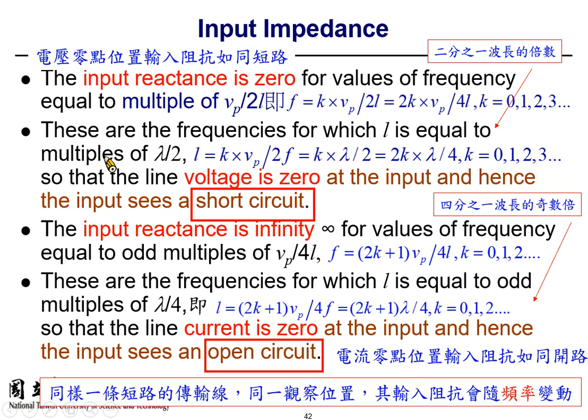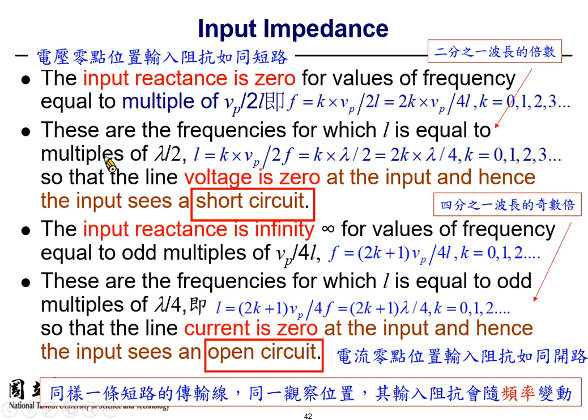We know that the input impedance of the short-terminated line will repeat itself with a period of half wavelengths. So if the length happens to be multiples of half wavelengths at those frequencies, then the short-terminated transmission line can be viewed as a short circuit.